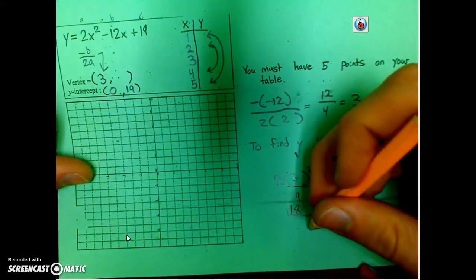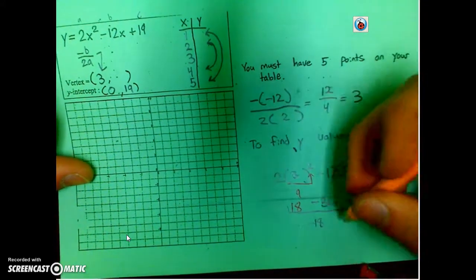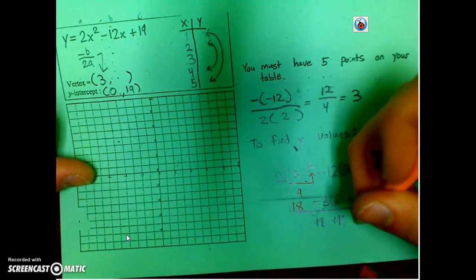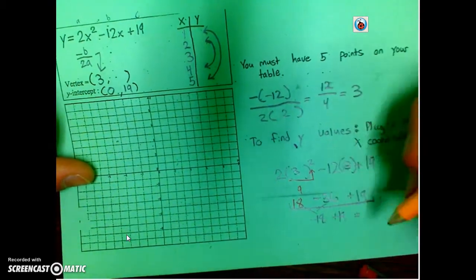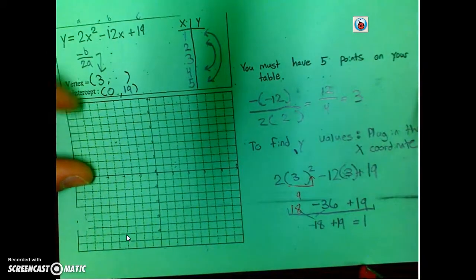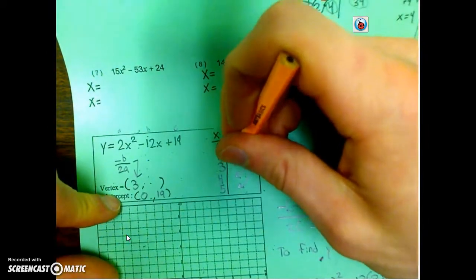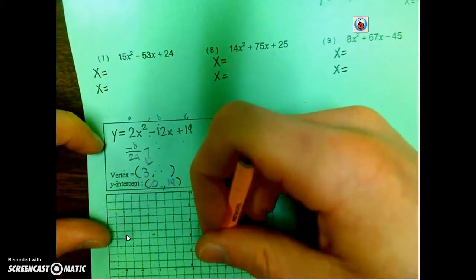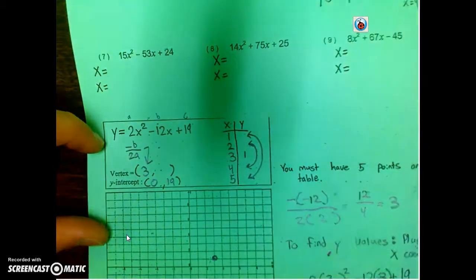So 18 minus 36, that's going to give me a negative 18. I put those two together, and then I still have that plus a 19. And negative 18 plus the 19 is going to take me to a 1. So there's our vertex. You can get it graphed. You can go over 3 and up 1 there.